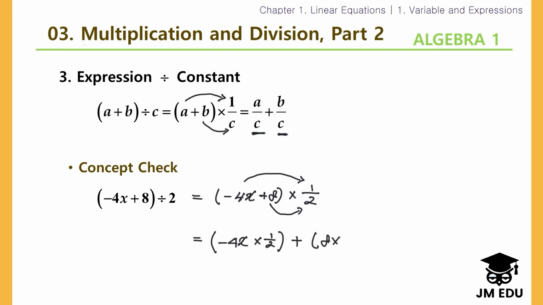Numbers first: negative 4 times 1 half, 2 times 1, 2 times 2, so that's negative 2, and write the variable x. So that's going to be negative 2x plus a times 1 over 2, 2 times 1, 2 times 4, 4 times 1, that's plus 4.